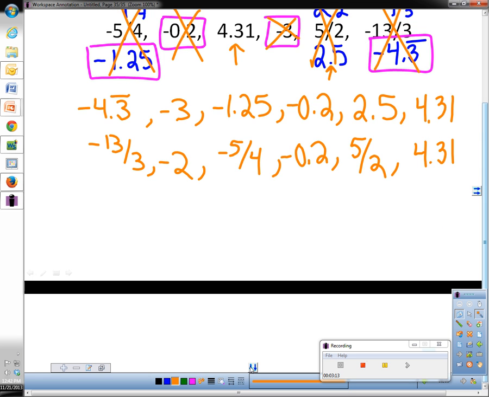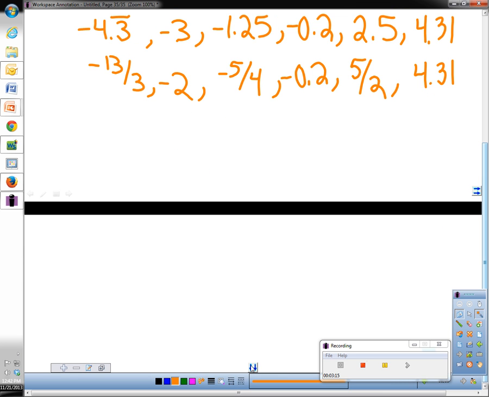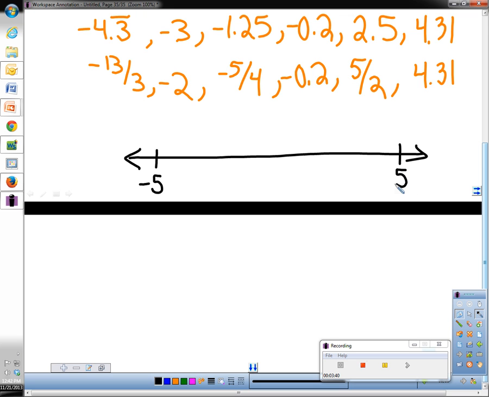Now if I was going to mark these on a number line, graph these on a number line, I would start by making a number line and looking at what kind of numbers I'm going to have on here. My smallest number is -4.3. So I'm going to put integers on my number line, and I'm going to go back to -5. My biggest number is 4.31, so the integer that comes after that would be +5.